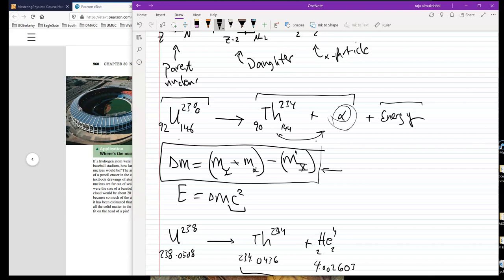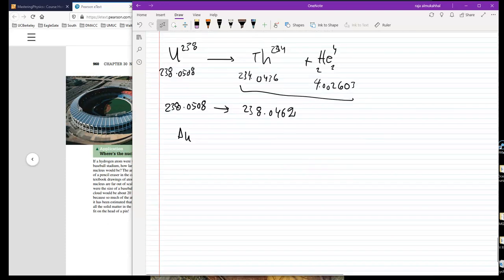You take the difference between the daughter plus the alpha together minus the parent. You got it? Okay, and then we do that. So delta M, the mass, is 238.046.